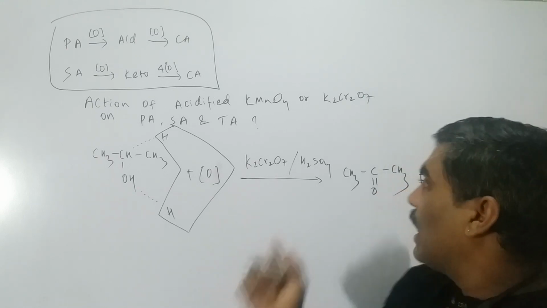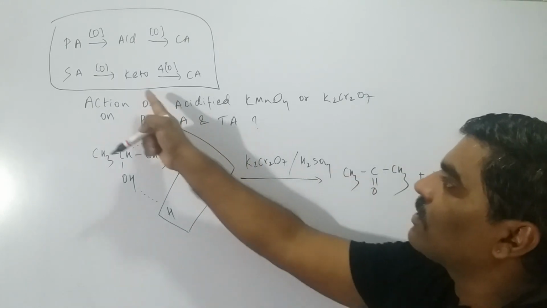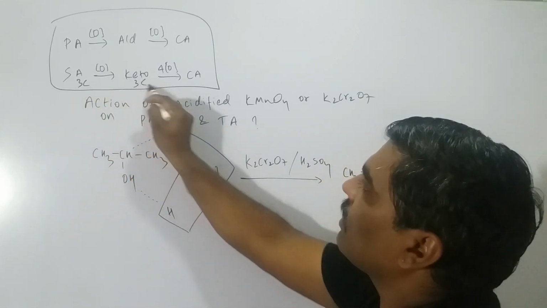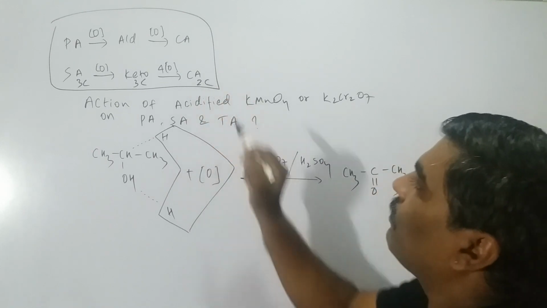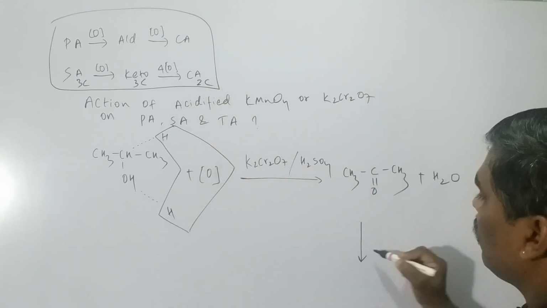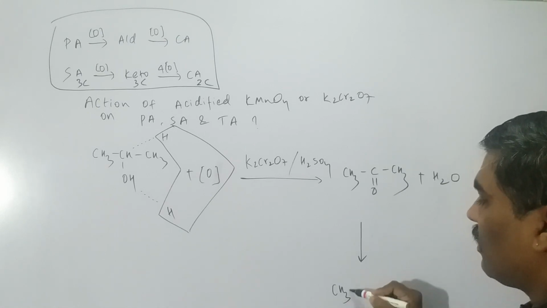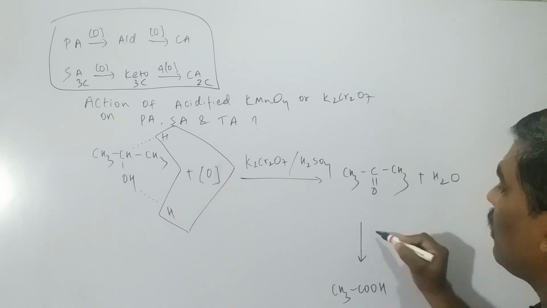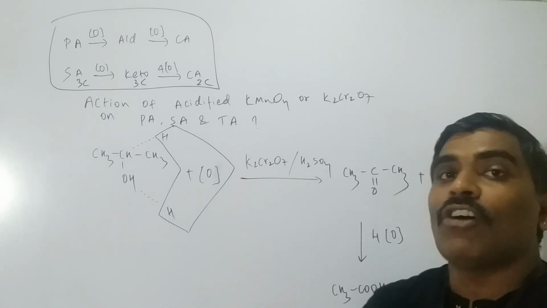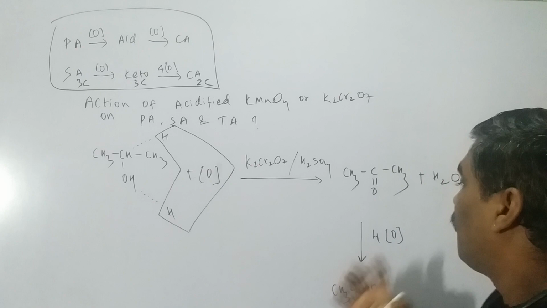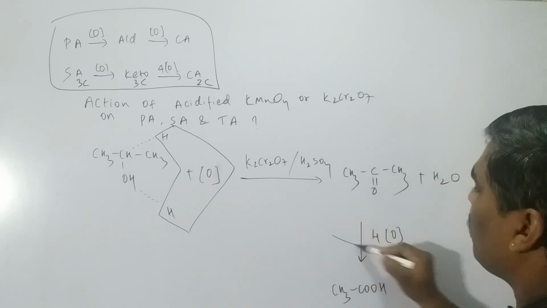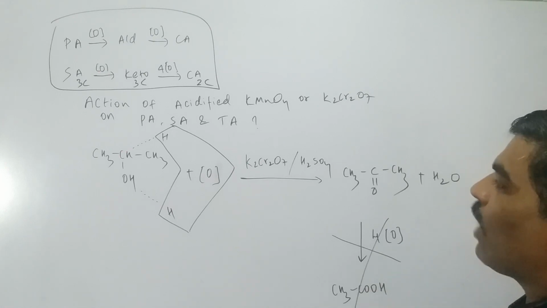Acetone. Acetone contains the same number of carbon. See this, till here, if we have 3 carbon here, 3 carbon is there. Further oxidation, we can get acid, but vigorous oxidation you have to do. 4 oxygen atoms are required, which is not possible here. Why?